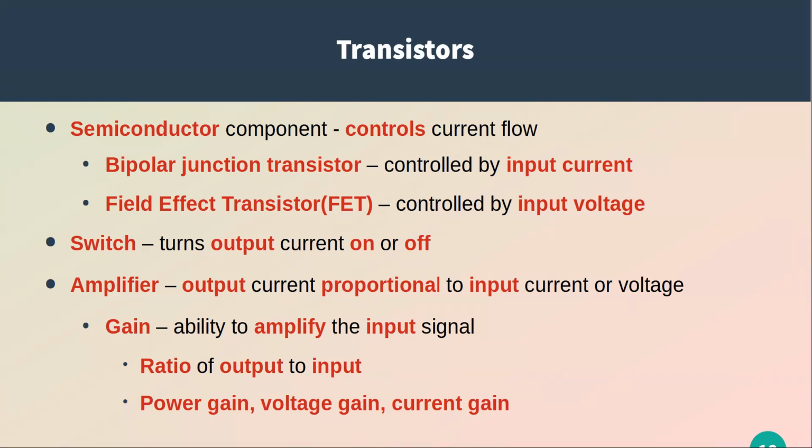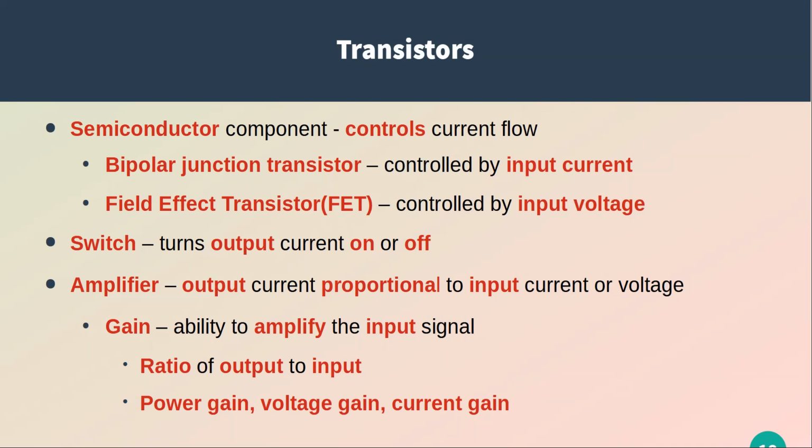Okay, when we're using it as an amplifier, we have gain, which is the ability to amplify the input signal. And normally we talk about power gain, where the output power is greater than the input power because it's an active device. So we're actually supplying power.